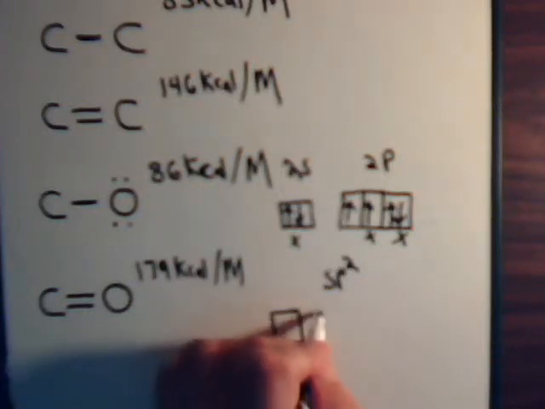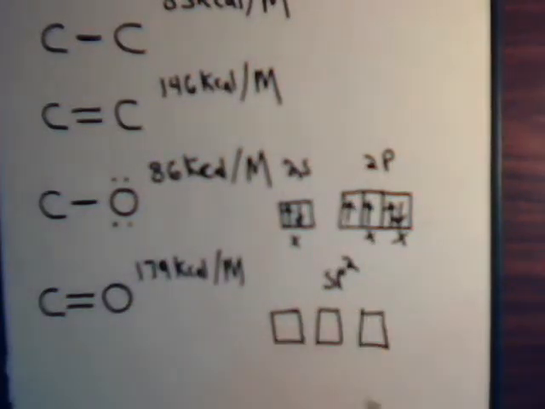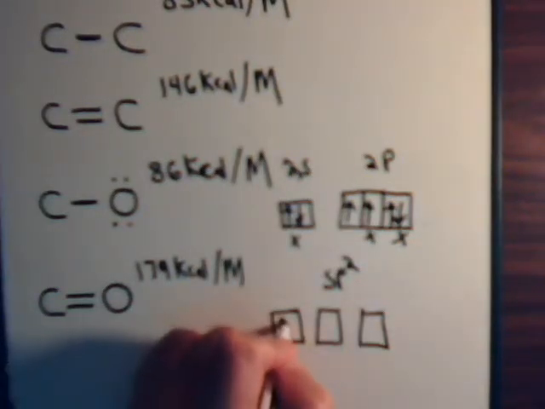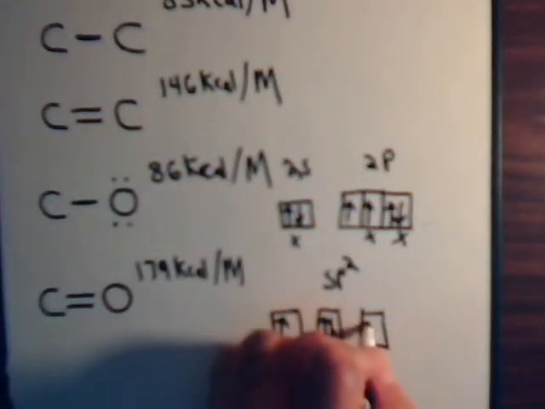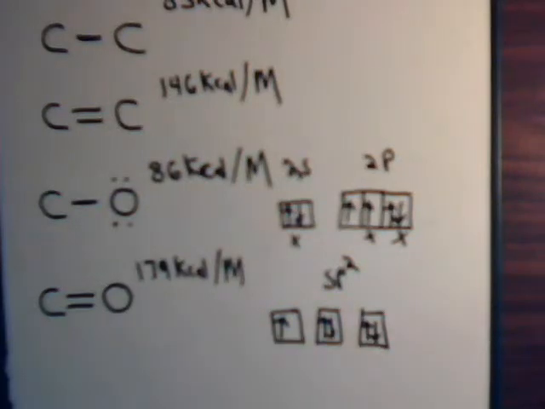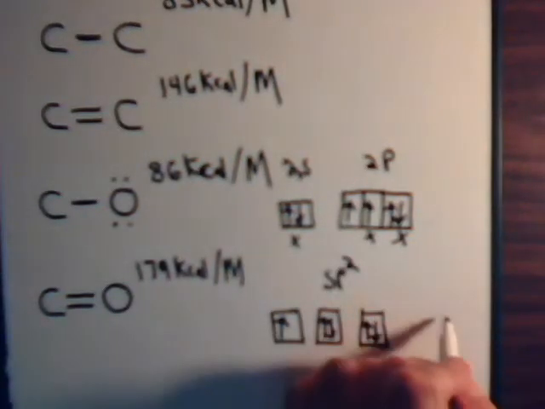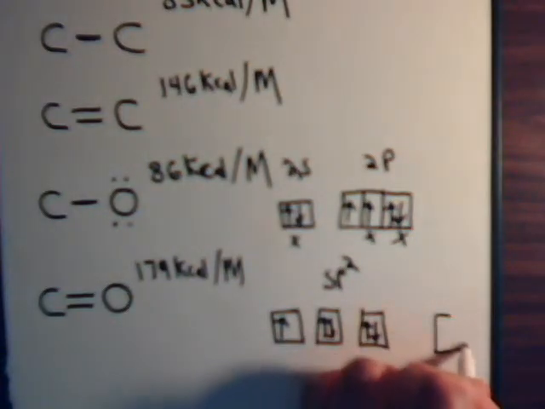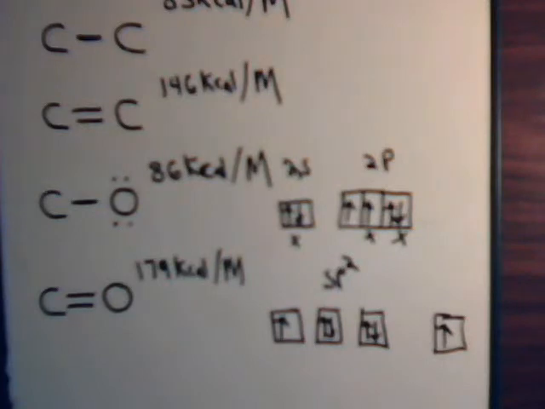We get 3 molecular orbitals, sp2 hybridized, a single electron, and then these have lone electron pairs, and we also have left over 1 unhybridized p orbital electron.